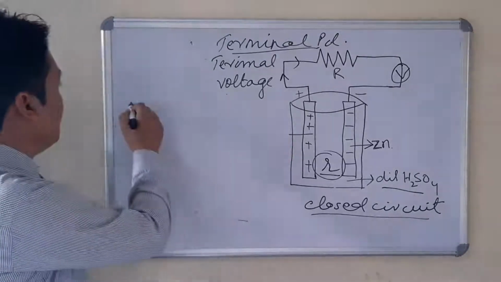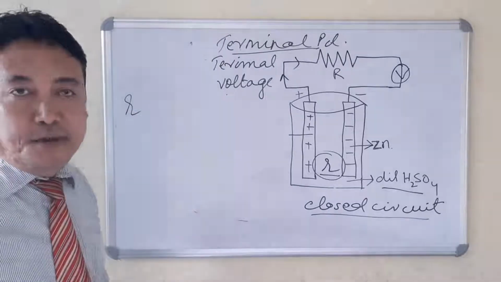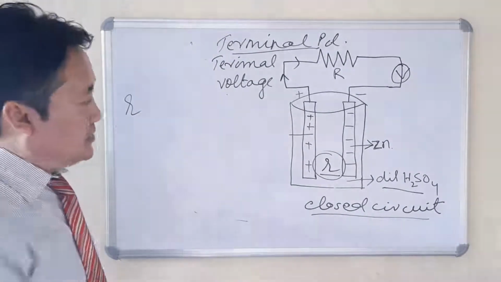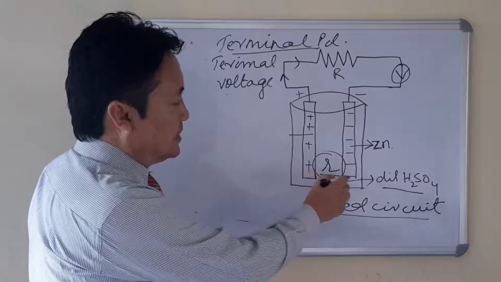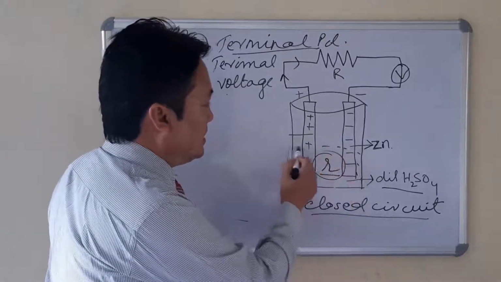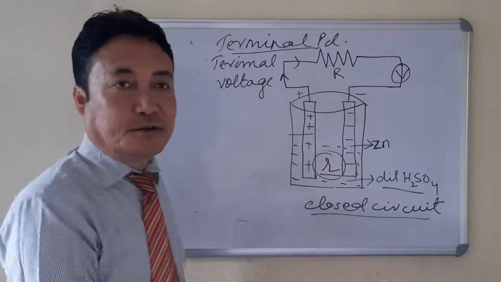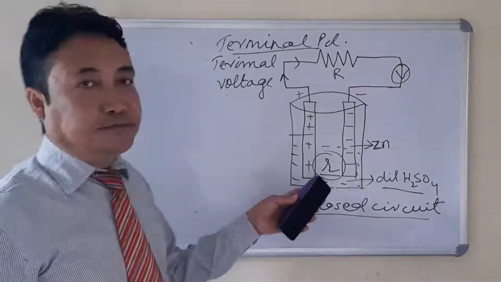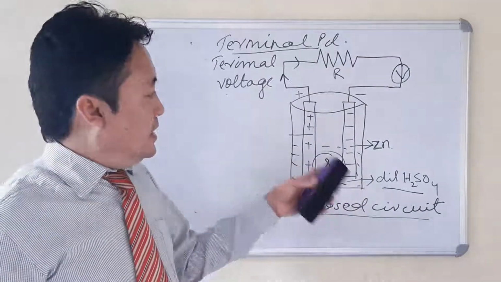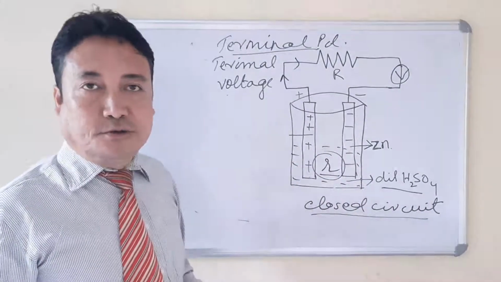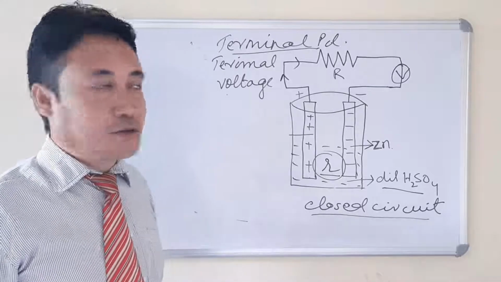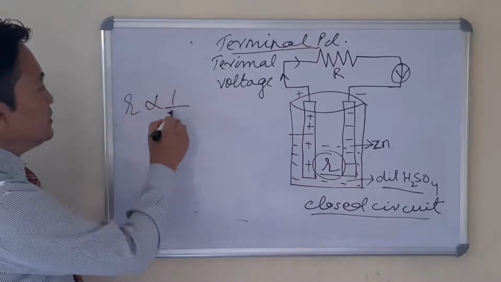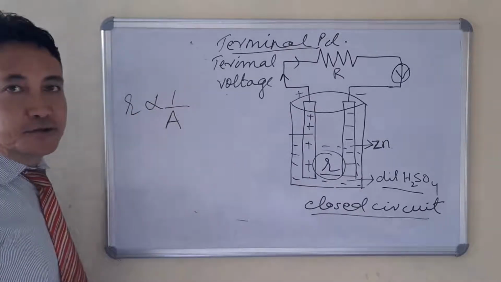Number one factor on which the internal resistance depends is the area of the electrode in contact with the electrolyte, because these electrodes are deep inside the electrolyte. So number one factor is the area of the electrode in contact with the electrolyte. So here internal resistance is inversely proportional to the area of the electrode.